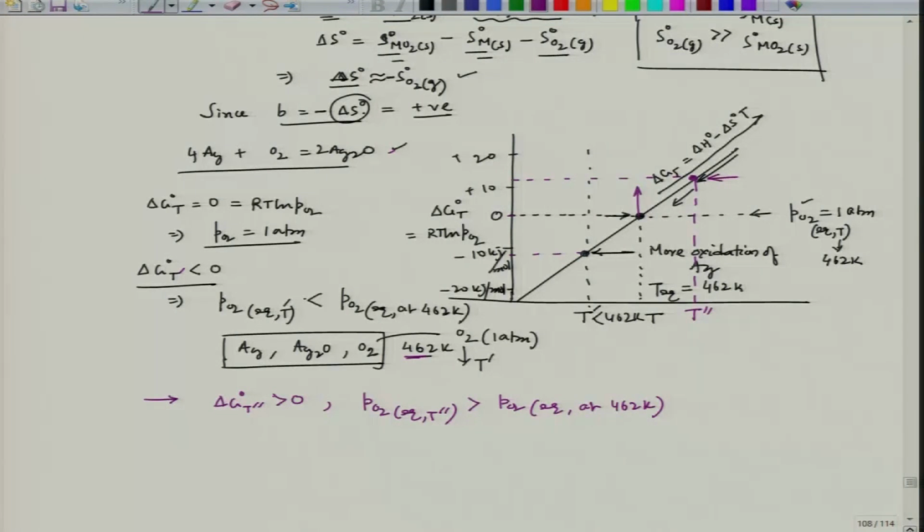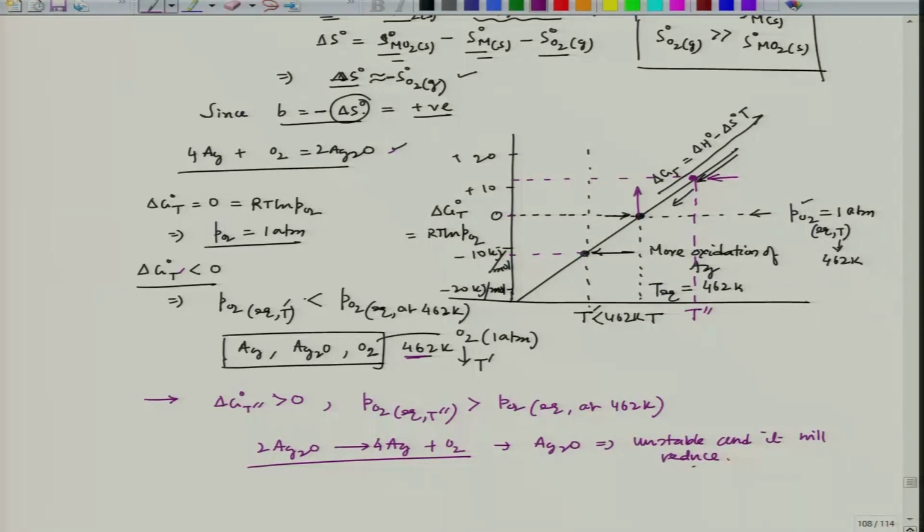But in the closed system we are not supplying any oxygen from outside. So, how does it get the extra oxygen to reach equilibrium? That time Ag2O will convert to Ag plus O2. So, the reverse reaction will start. I could say that Ag2O becomes unstable and will reduce.